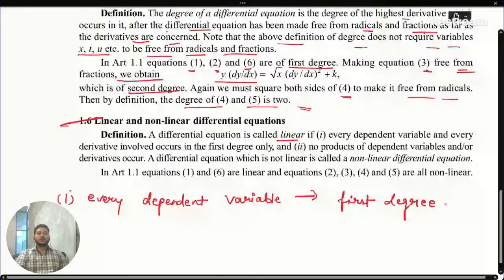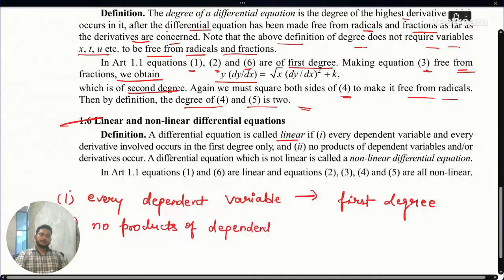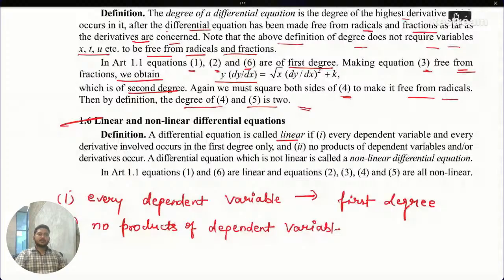no product of dependent variable and/or derivative occurs.